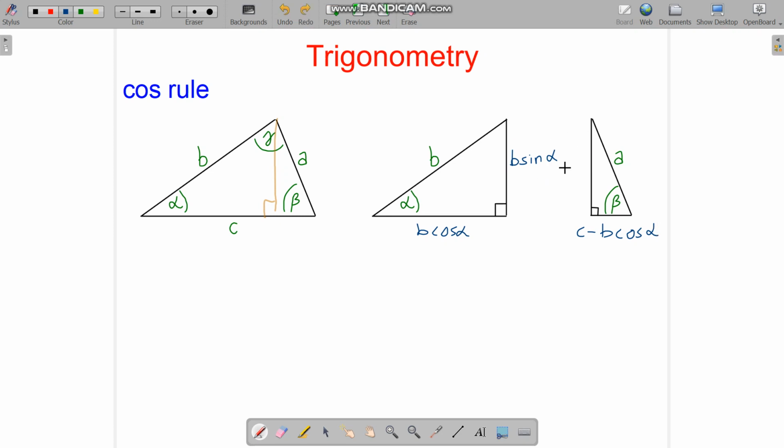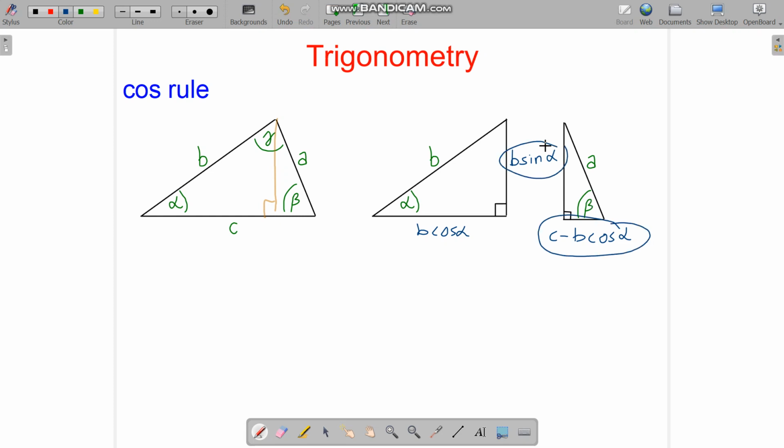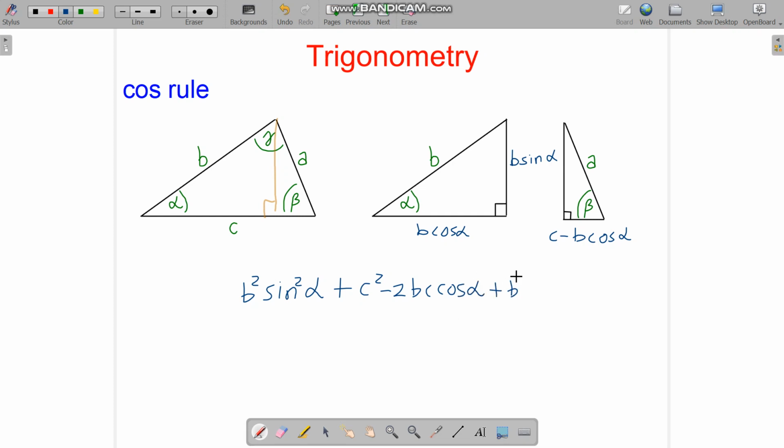So now using the Pythagorean theorem, we know that this squared plus this squared equals a squared. So if we square b sine alpha, we get b squared sine squared alpha, and if we square this, we get c squared minus 2bc cos alpha plus b squared cos squared alpha, and this is equal to a squared.